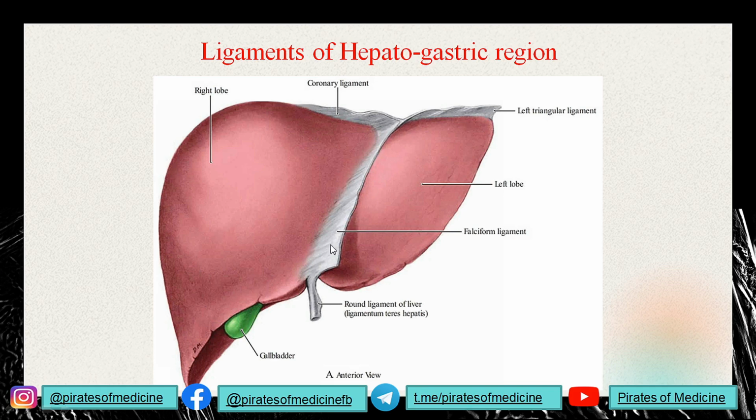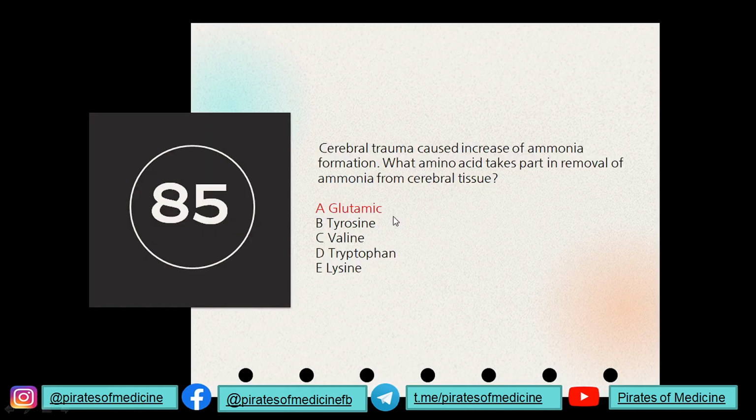Then the falciform ligament divides the liver into right and left lobes. And we have the round ligament of the liver, which is the continuation of the falciform ligament, which connects the liver to the umbilicus. So these are the main ligaments, and you can see the triangular ligament at the corner of the coronary ligament. There is a left triangular and a right triangular. These are the main ligaments of the hepatogastric region.